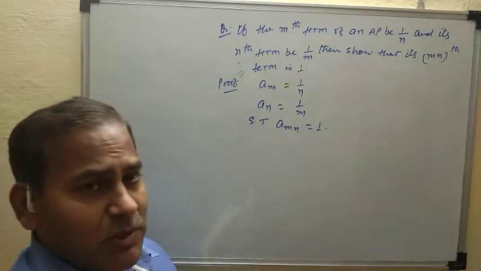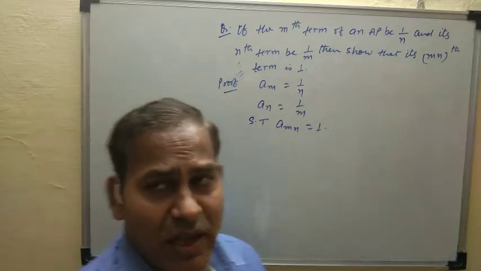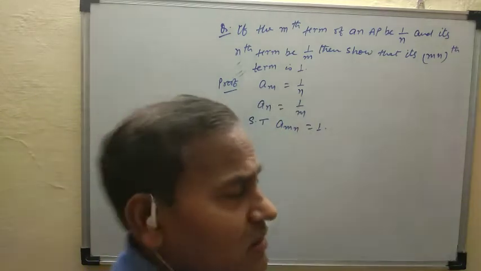So two terms of the AP are given: the mth term is 1 by n and the nth term is 1 by m.